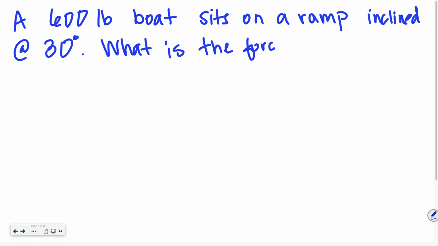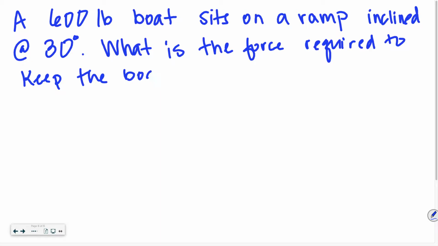What is the force required to keep the boat from rolling? I think a picture of this is on the screen.